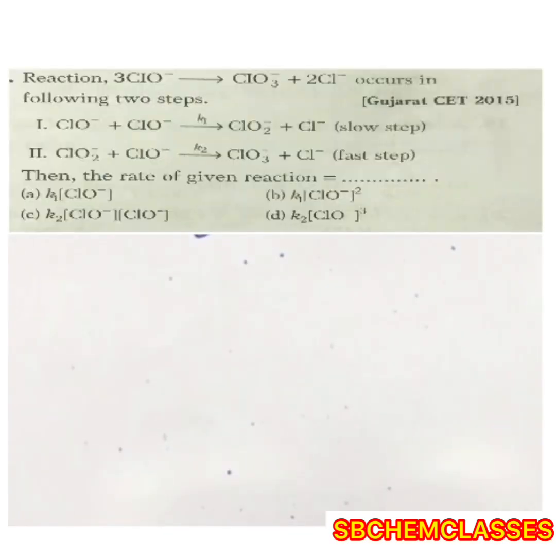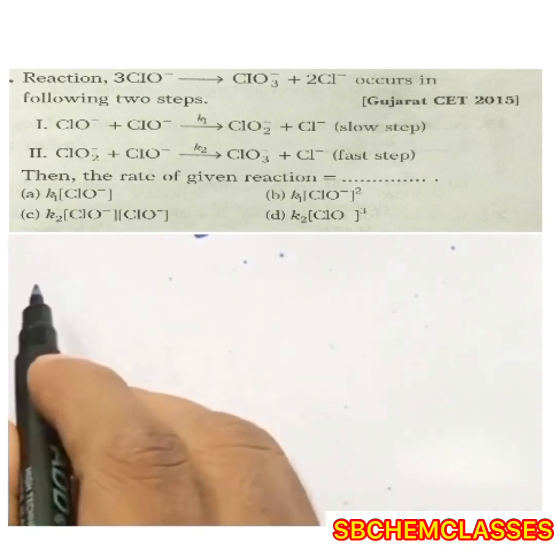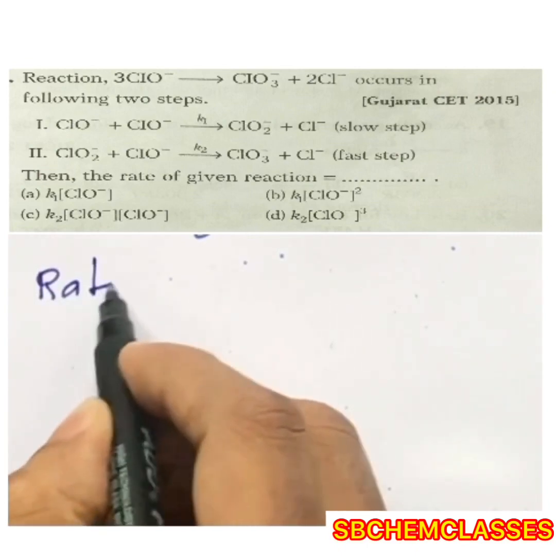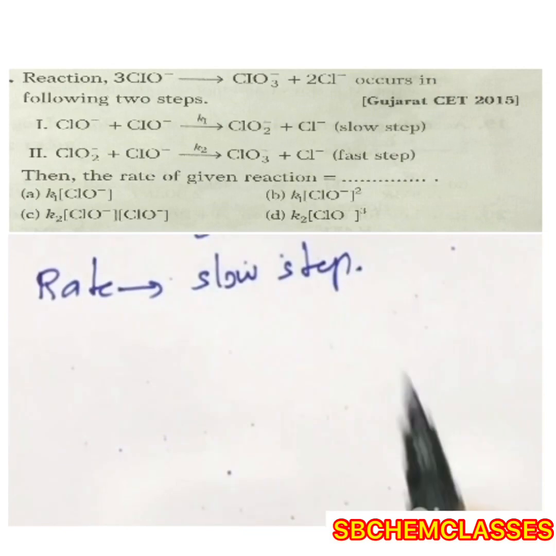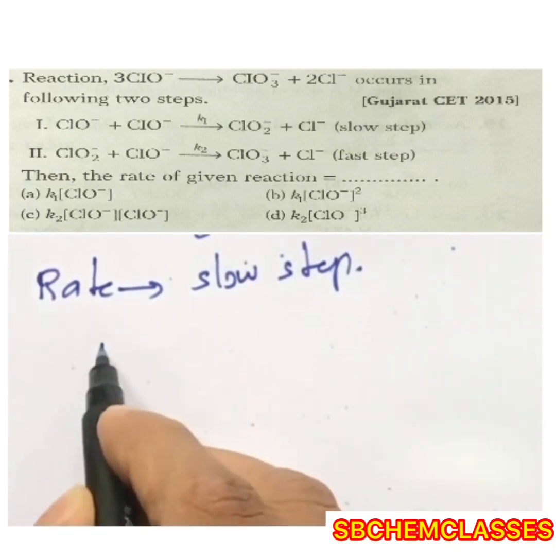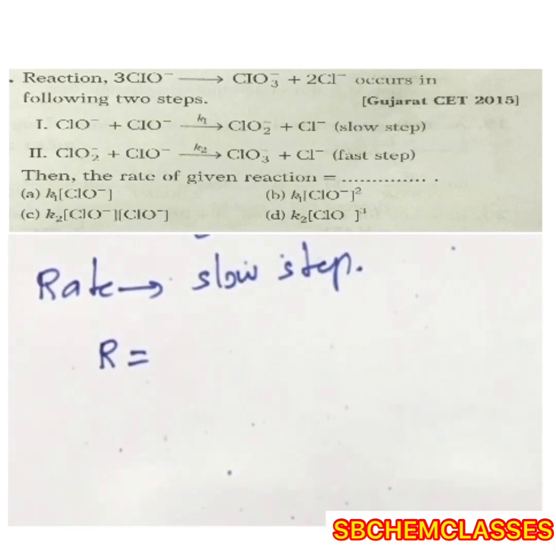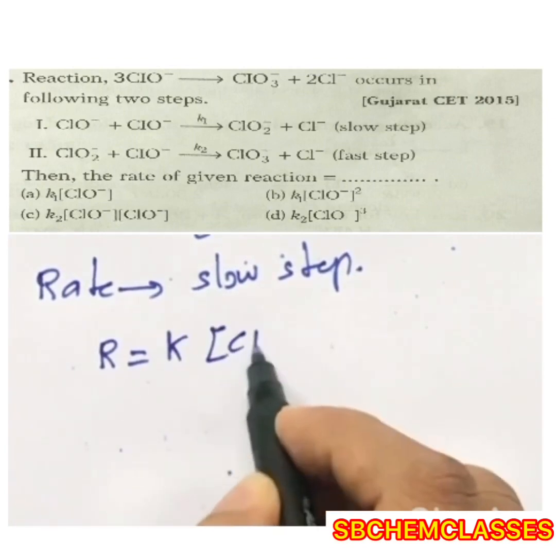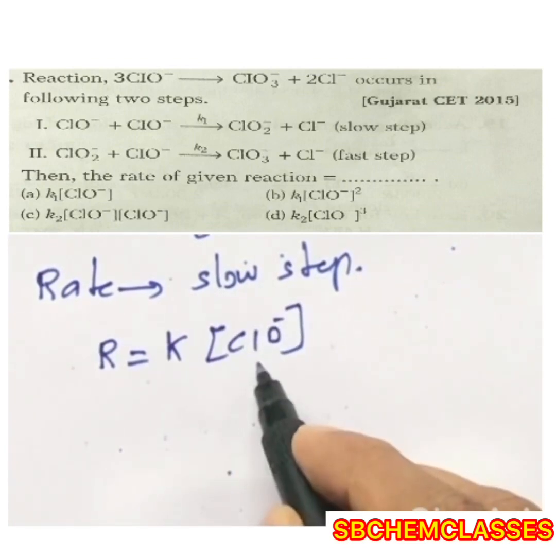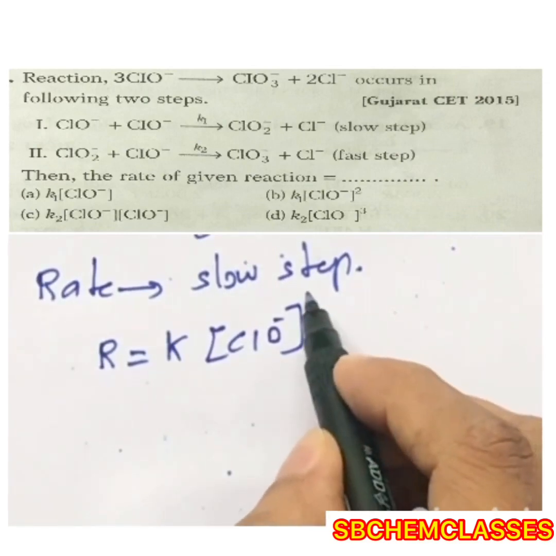Reaction 3ClO minus becomes ClO3 minus plus 2Cl minus, occurring in the following two steps. The rate of the given reaction is, we know rate of reaction depends on the slow step. So we can write rate of reaction with the slow step only. So R equals K into concentration of ClO minus raised to 2.